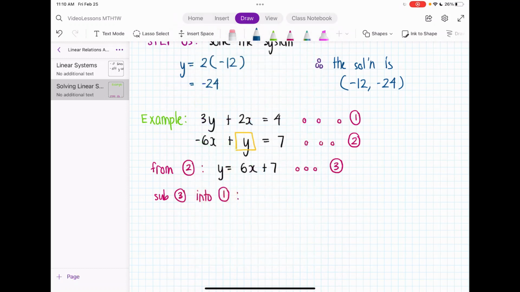When we do that, everywhere where we see a y, we now replace it with 6x plus 7. Because that's what substitution means. You replace what you have with your substitute.